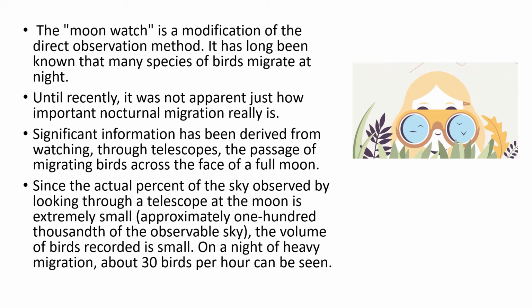You cannot observe a lot of birds with the small area of the telescope. But anyhow, it's a most dependable kind of observation because you can record many birds which prefer to migrate during night.